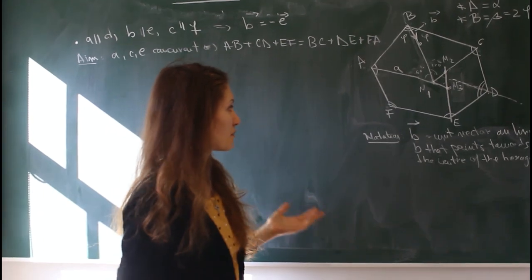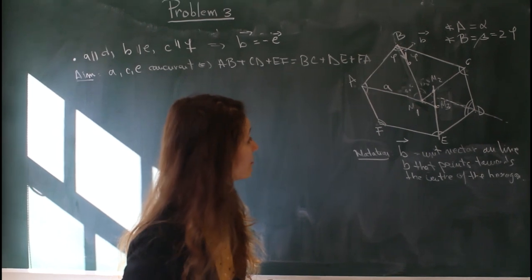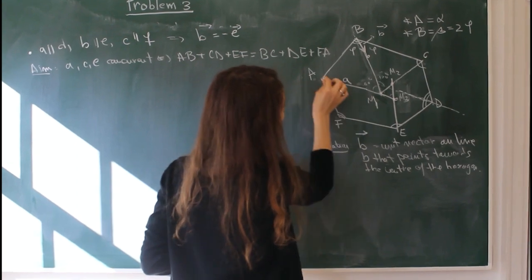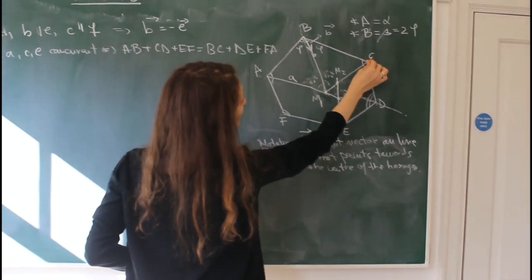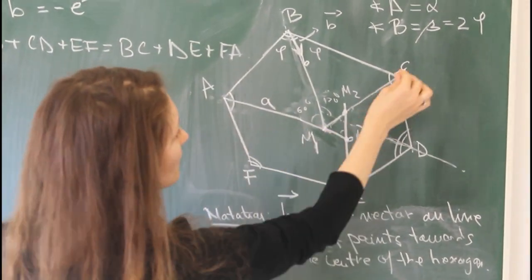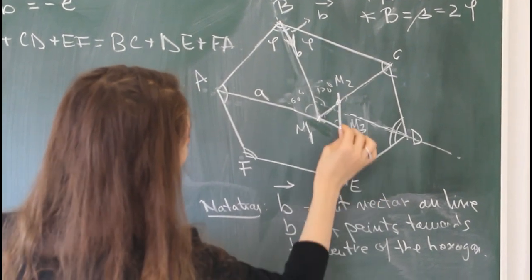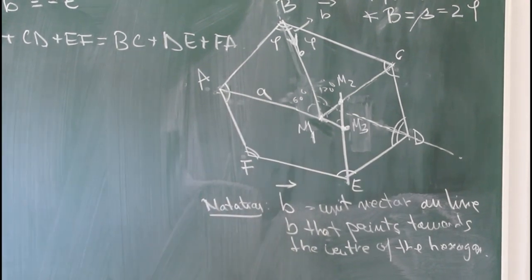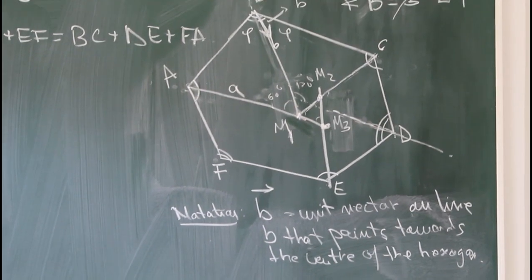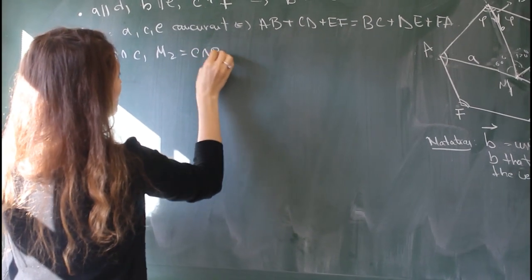Okay, so we're going to start with the assumption that A, C, and E are not concurrent, and let's just intersect them. So as I've intersected them in here, A intersected with C is M1, C intersected with E is M2, and E intersected with A is M3.